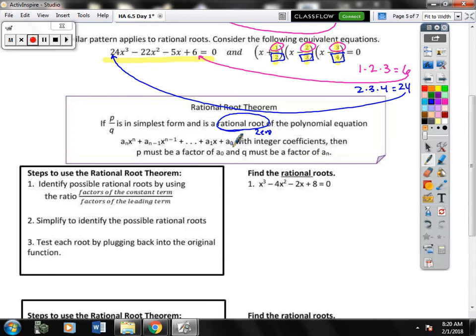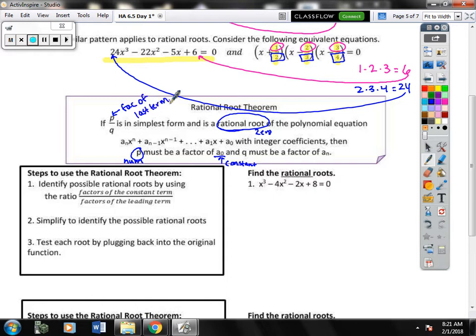random polynomial equation with all variables, then it's telling you p, the top, the numerator, must be a factor of a sub 0, which is the constant term. So the numerator is a factor of the last term.